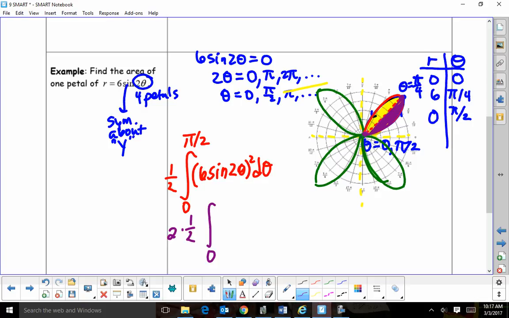So I could go 0 to pi over 4, again, of that r squared. Could I have also gone from pi over 4 until pi over 2 and doubled that? Sure. Pi over 4 to pi over 2 would give me this red. So I could have doubled that.